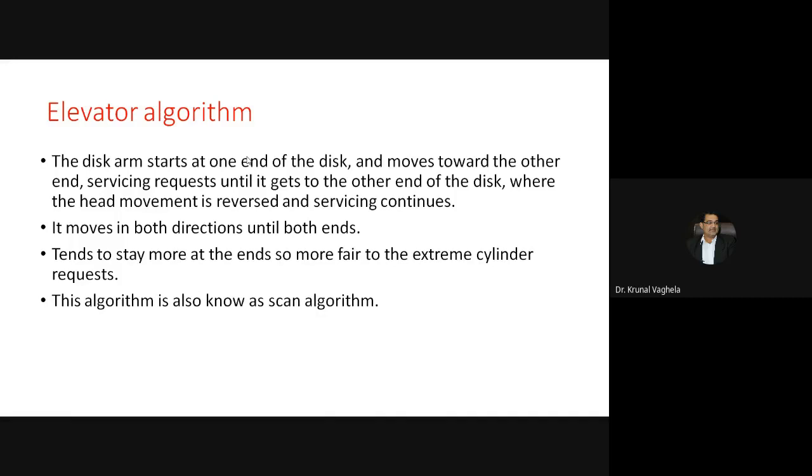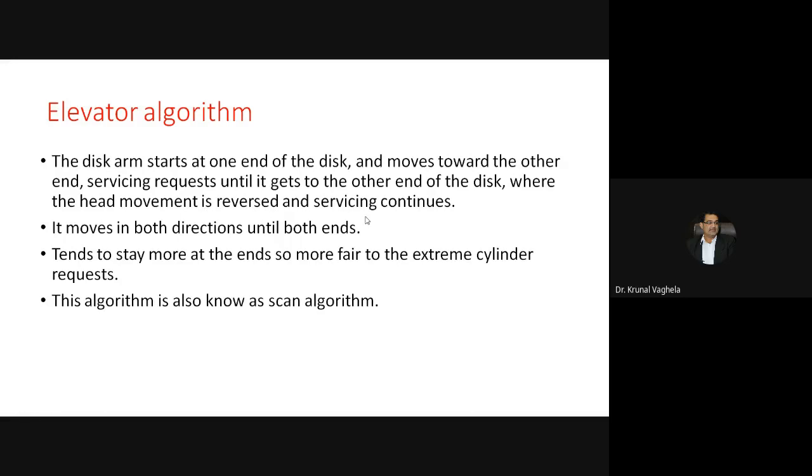So here the arm will move according to the elevator, right? So how will it work? The disk arm starts at one end of the disk and moves towards the other end, servicing the requests until it gets to the other end of the disk, where the head movement is reversed and servicing continues.